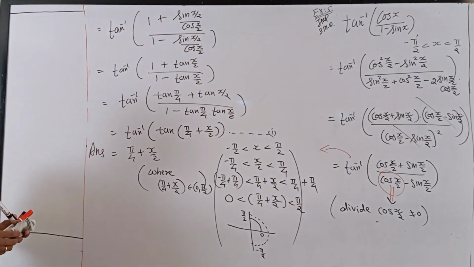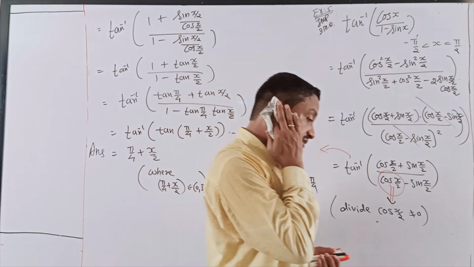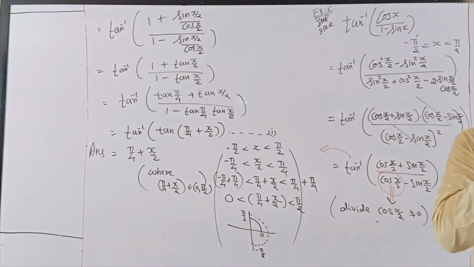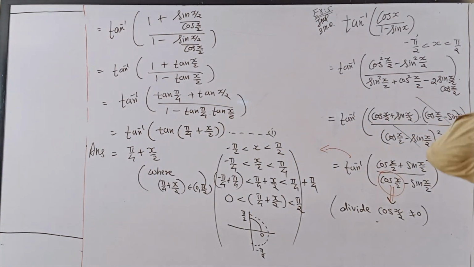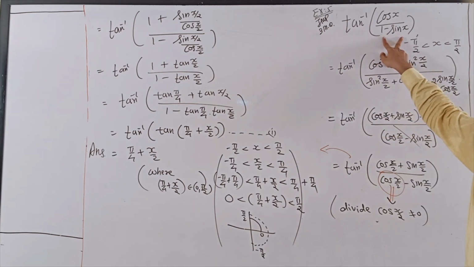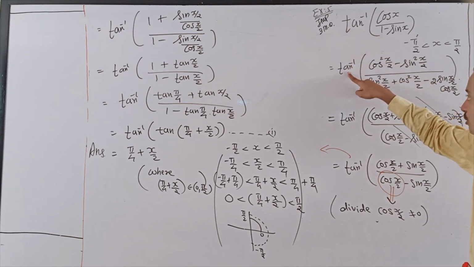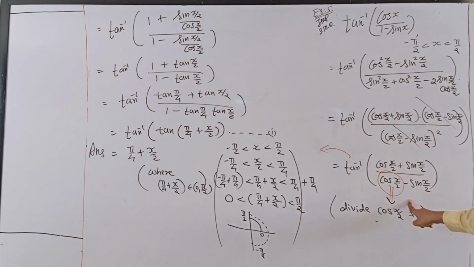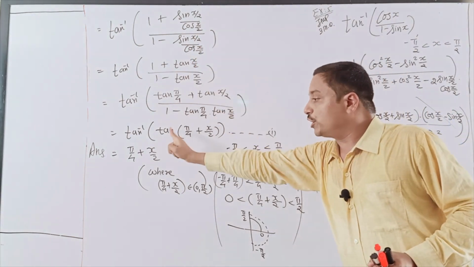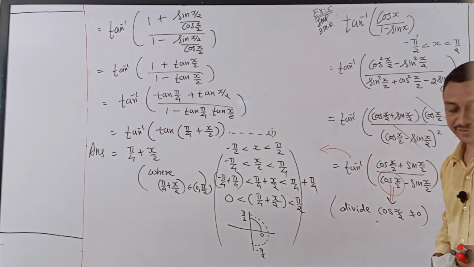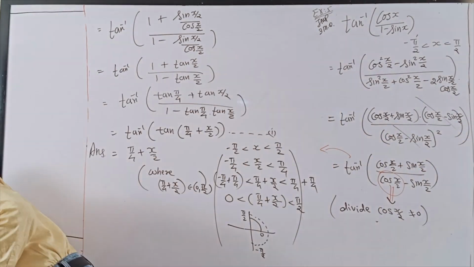This will get you 3 marks. Very easy: convert the internal value into the outside tan function by dividing by cos and converting fully into tan. Now I go ahead.